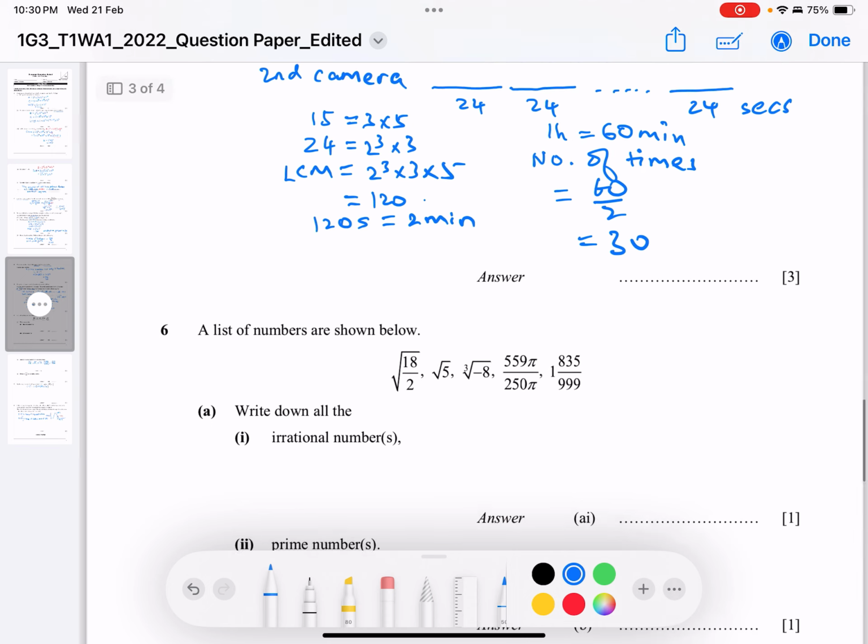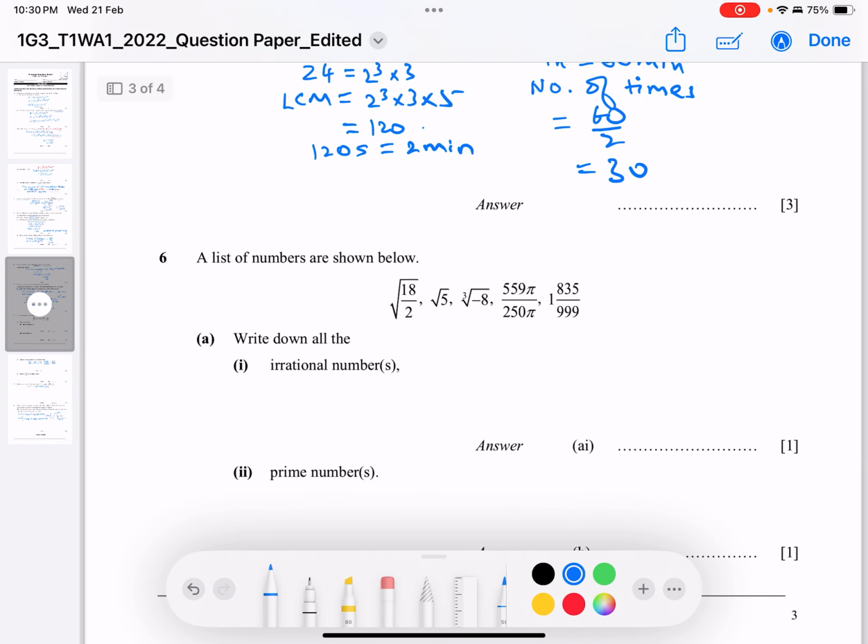The next question requires us to first find the irrational numbers. Now, irrational numbers must contain an irrational part. But for this 559 pi over 250 pi, the pi is cancelled out, so there is no irrational part. So the first number is actually 18 divided by 2 is 9, so root 9 will give you a nice number 3.